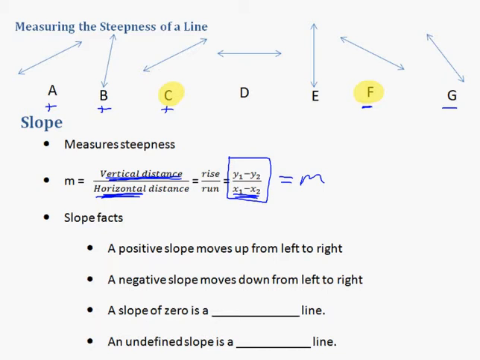So let's look at these two, because we haven't mentioned these yet or put anything here. Remember, slope measures steepness. So what would have a slope of 0? What has no steepness at all? Well, that's this line right here. And so that's a horizontal line.